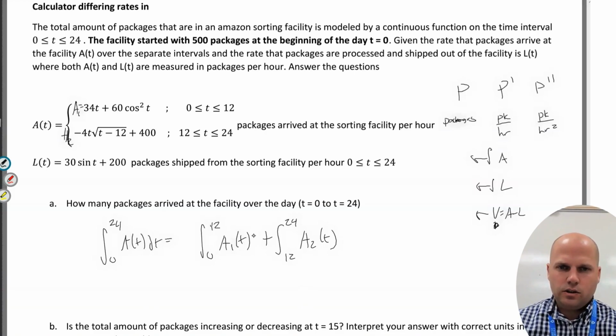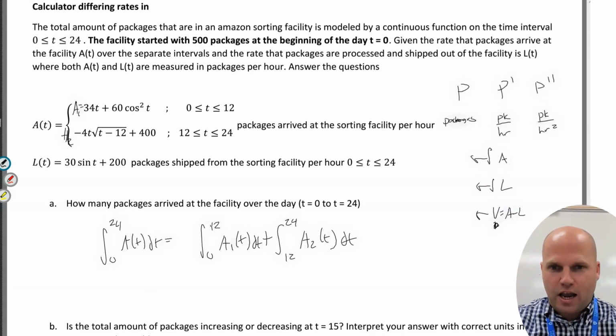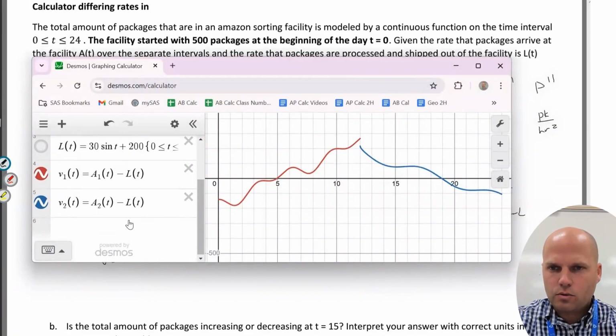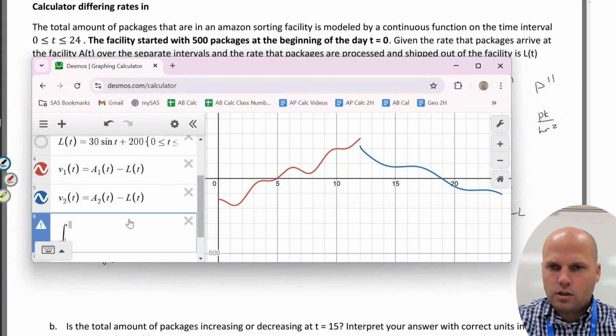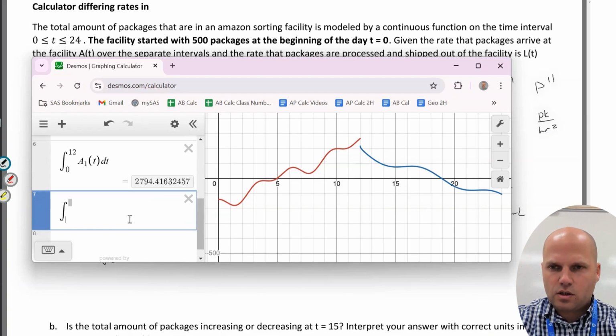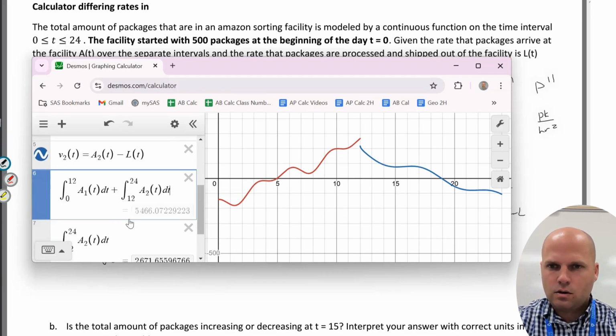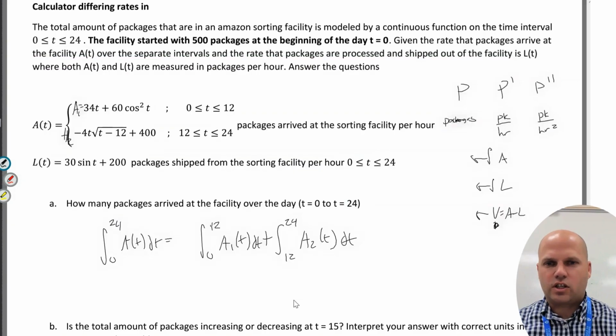So dt, packages per hour times hours. Accumulate from 0 to 12, A1. Accumulate from 12 to 24, A2. It's a lot of packages. Add this to that. 5,466 packages.